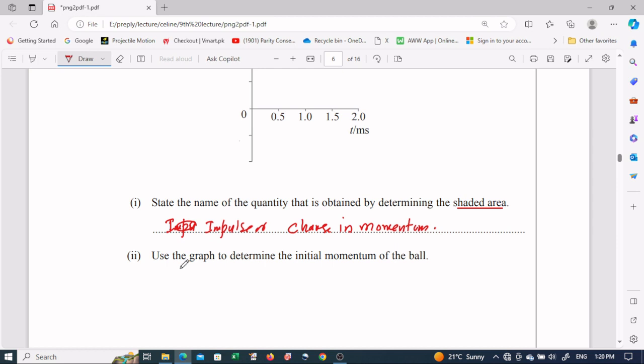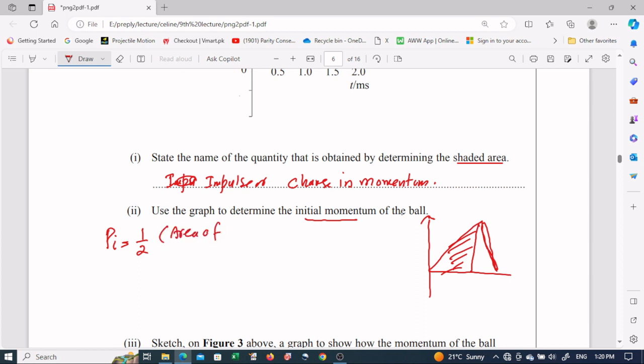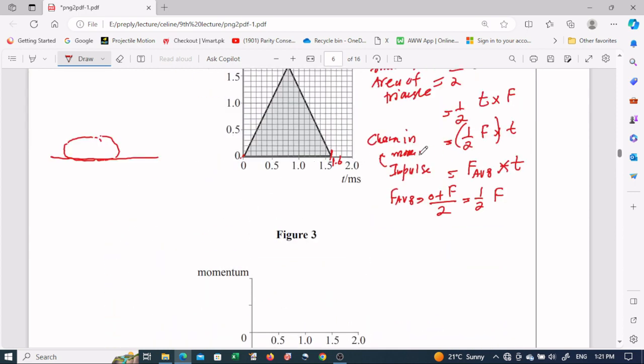For the second part, use the graph to determine the initial momentum of the ball. In order to find the initial momentum, we just find half of the area of the triangle. For example, here is the triangle, and half of the area of this triangular region shows the initial momentum.